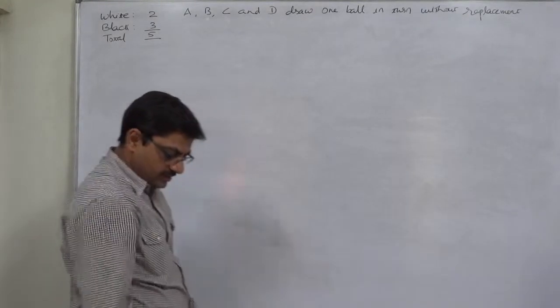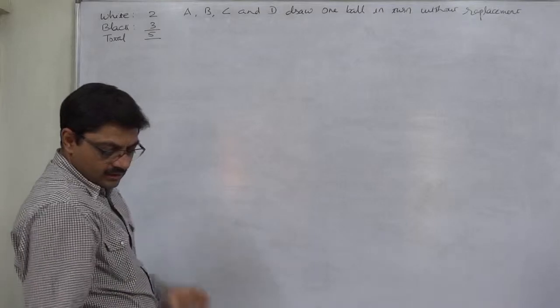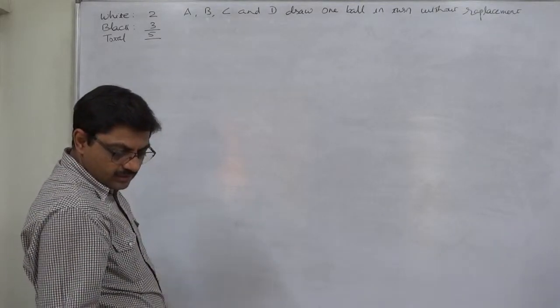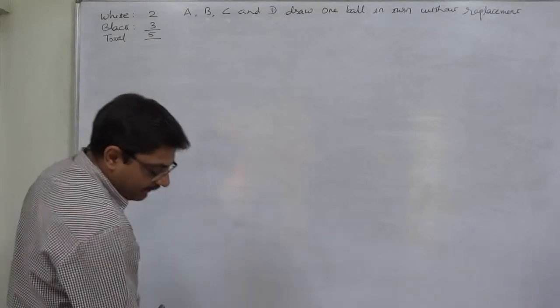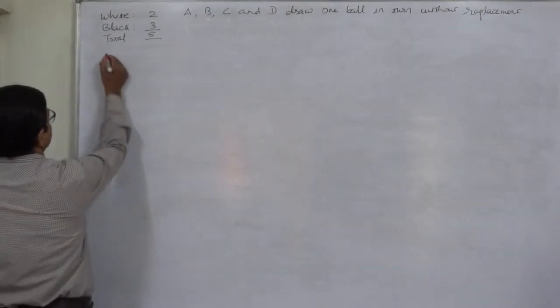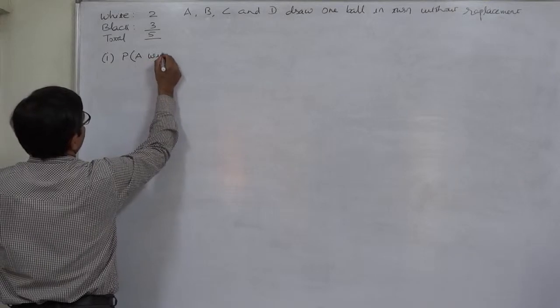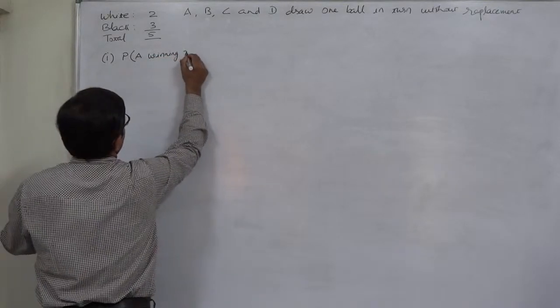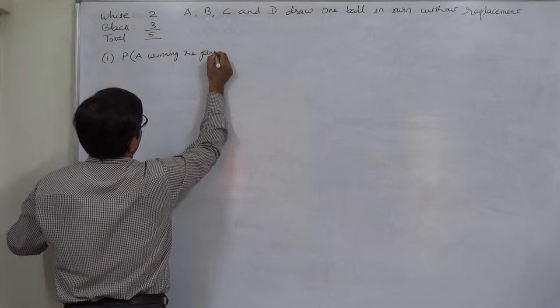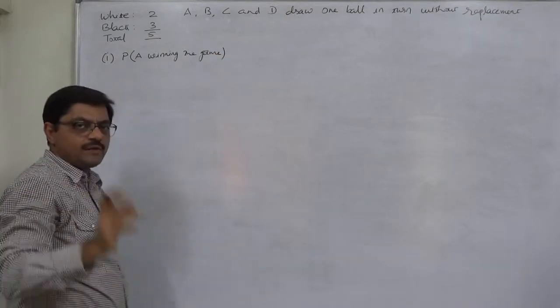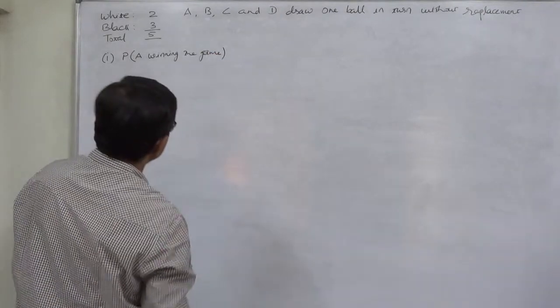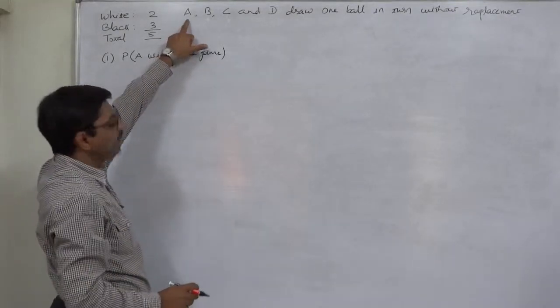So first of all, number 1: what is the probability of A winning the game? The person who first draws a white ball wins the game. That means if A draws a white ball, A wins.